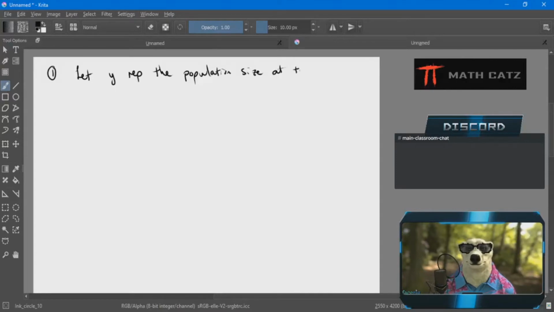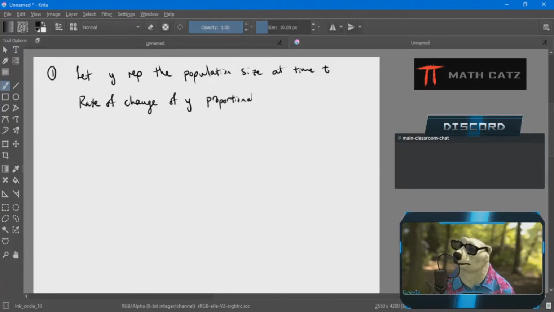size at time t. Then the information that scientists have found and that we're going to be given in a question is that the rate of change of this population is proportional to the actual population size at that time.